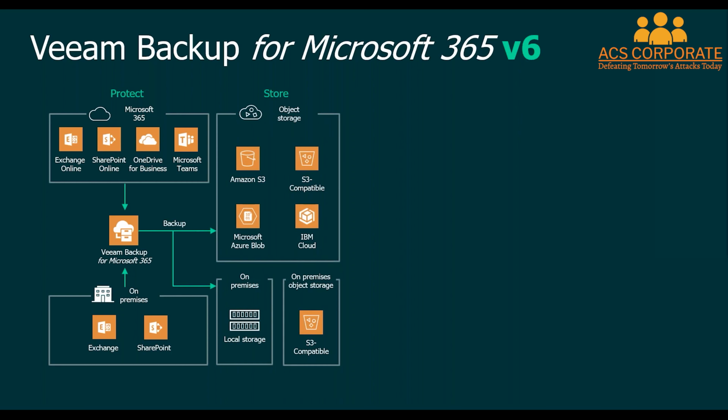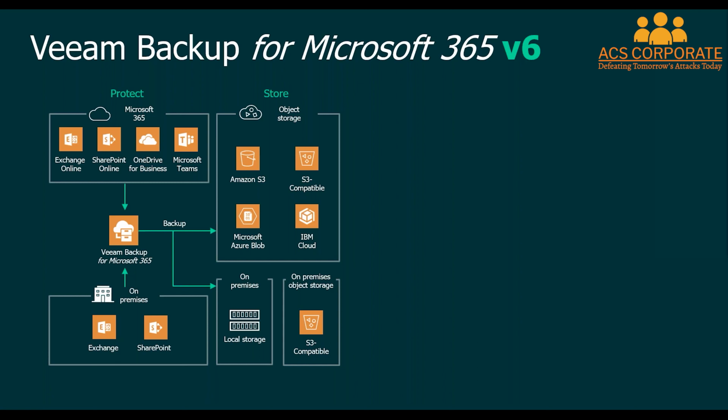Regarding the storage, the place where you can store your backups, we have several types of storages. As I said before, you can use your on-premises local storage, for example, or some kind of S3 compatible object storage, which can also be on premises or in the cloud. And of course, we support Amazon S3, Microsoft Azure Blob, and IBM Cloud.